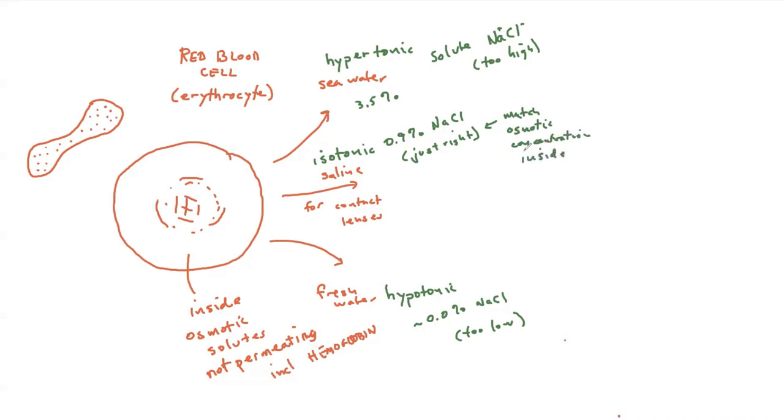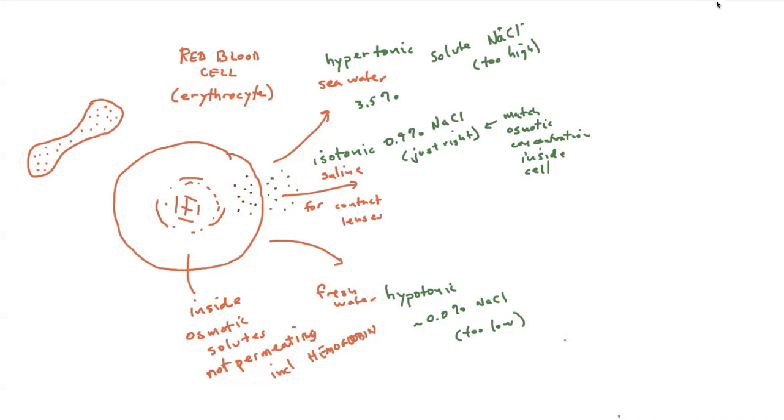inside the cell. Okay. And so because the concentration of salt, NaCl, outside the cell in isotonic saline is creating the same demand for water molecules as what we have inside the cell. Might have different solutes there, might have hemoglobin inside the cell.